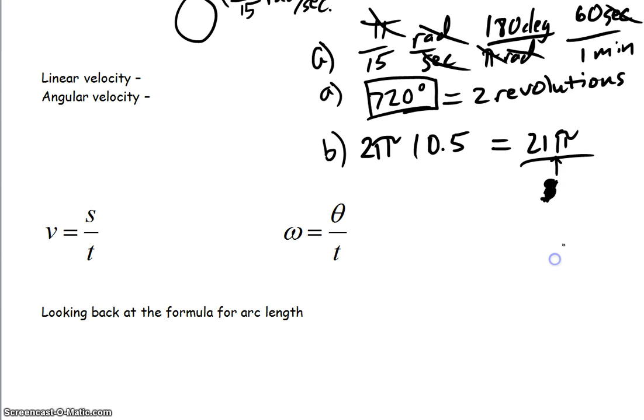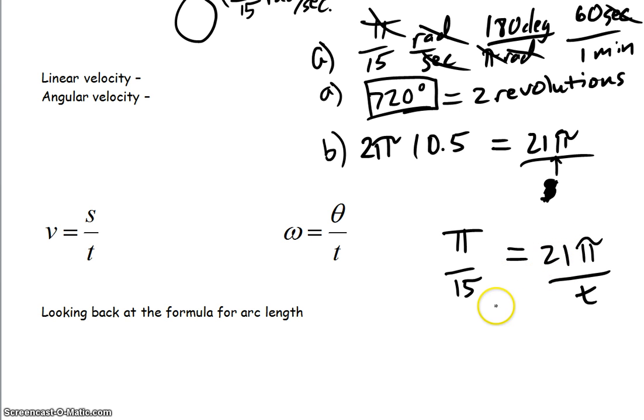We know our angular velocity is pi over 15. So now we just have to figure out how long it takes for that to equal 21 pi.